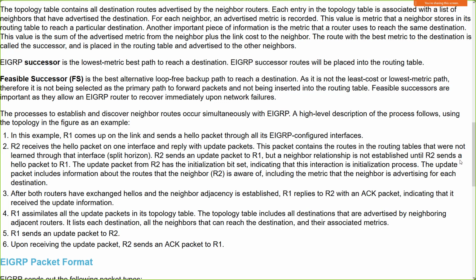EIGRP usually wins that battle, right? Because it has the lowest overall administrative distance of all of my IGP routing protocols. But maybe I have a static route, or maybe I've modified the administrative distance of OSPF, so OSPF routes are trusted more than EIGRP routes.